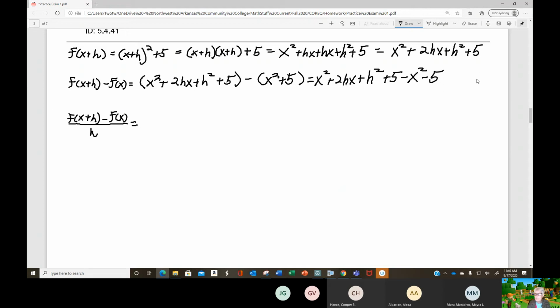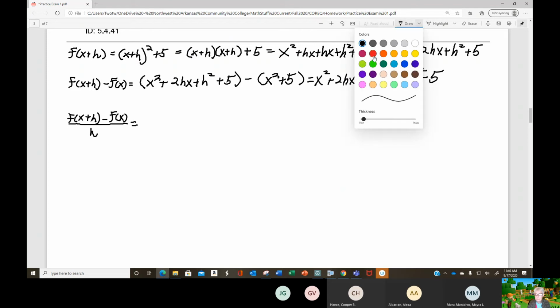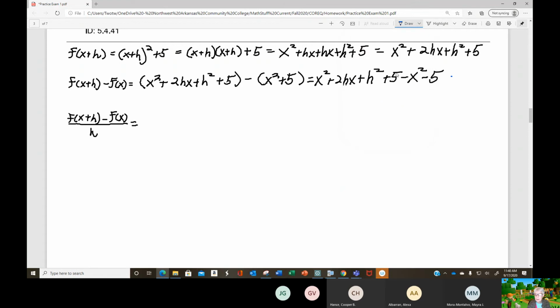Okay, now we combine like terms. We've got 5 minus 5, that's 0, and x squared minus x squared is 0, and so f of x plus h minus f of x is going to equal 2hx plus h squared.